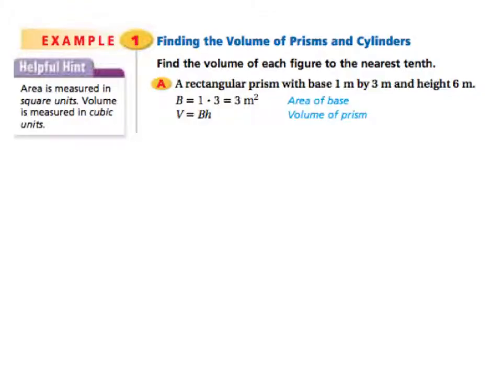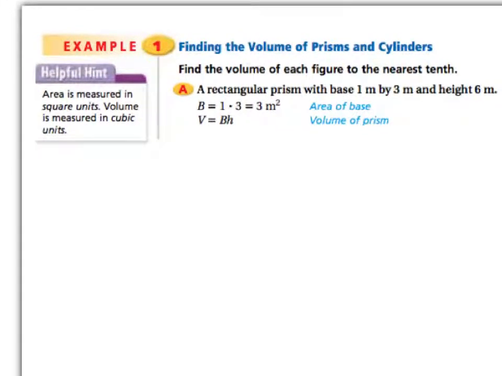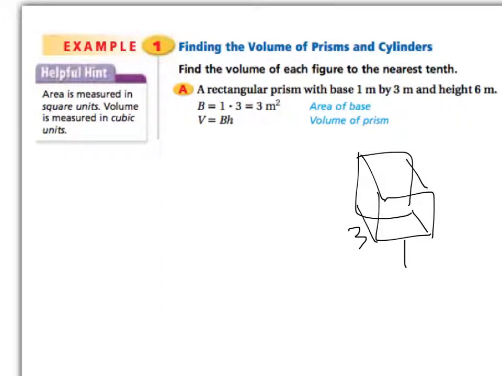So now, in our first example problem, we need to find the volume of prisms and cylinders. First of all, we're going to have a rectangular prism with a base of 1 by 3 and a height of 6. So if we draw our shape here, our base is going to be about 1 by 3, and this height is going to be 6.